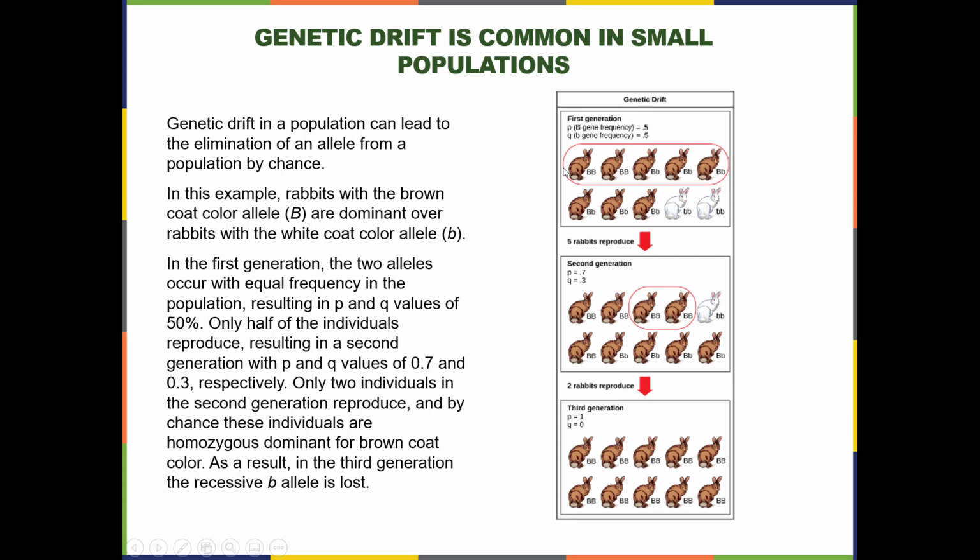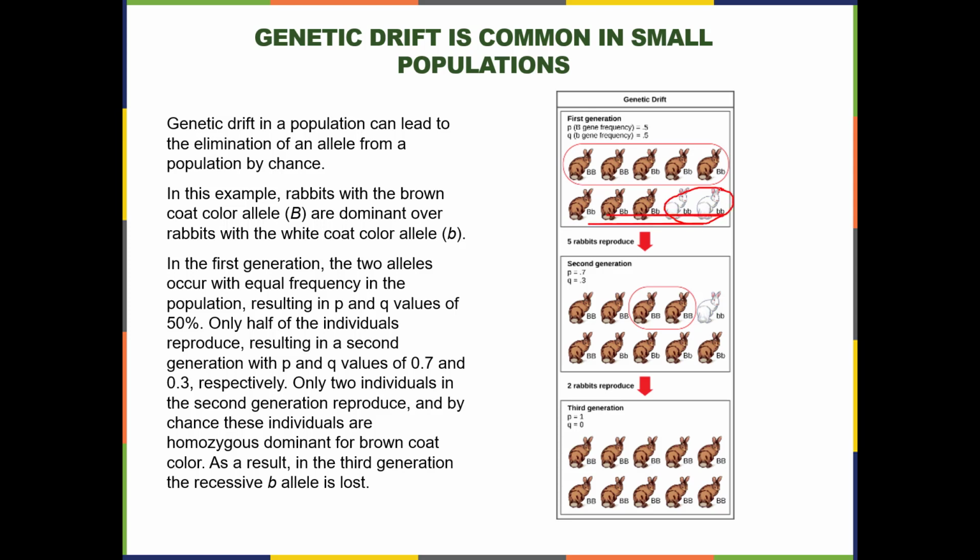And so when each individual carries a significant portion of your gene pool, if this one gets hit by a car, that can change your allele frequencies just because of an accident. Or let's say that in this population, only these two individuals decide to mate by bad luck or chance.